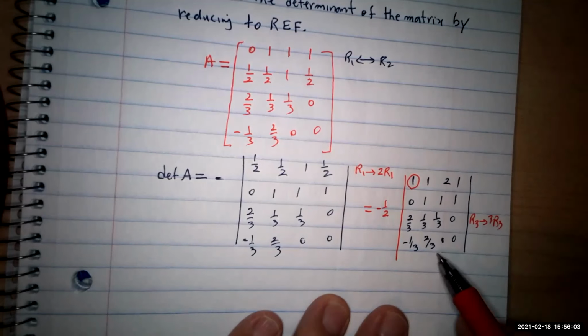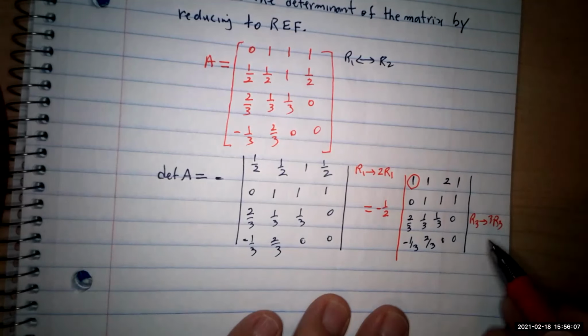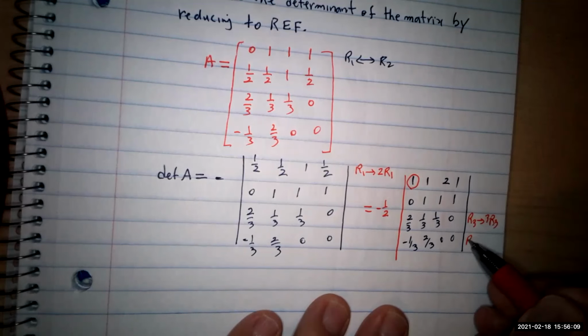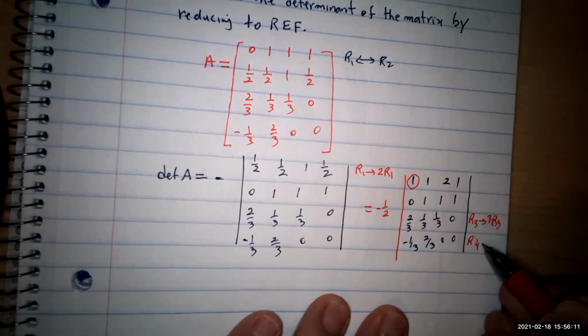Then you do the same thing here: multiply R4 by 3, so R4 becomes 3R4. So the determinant of A is going to be equal to the negative 1/2 you already have, and you multiply by 3 here so you divide by 3, and multiply by 3 here so you divide by 3.